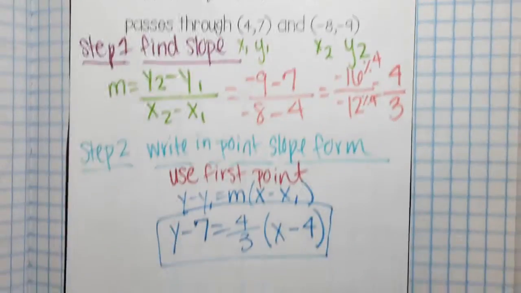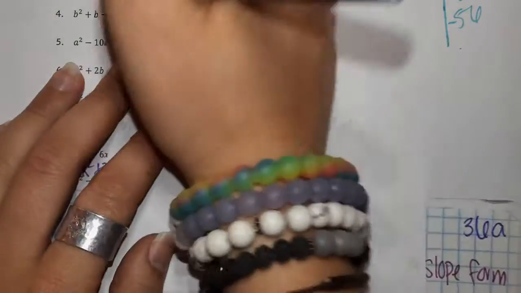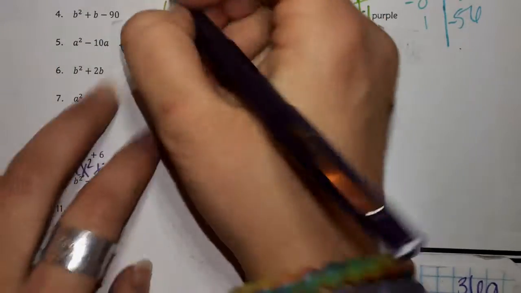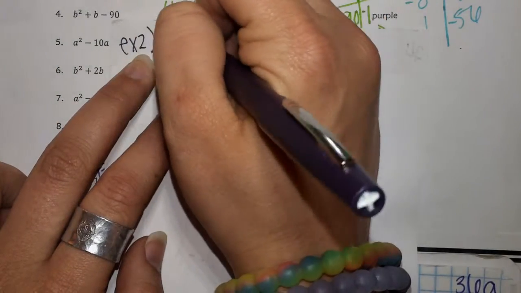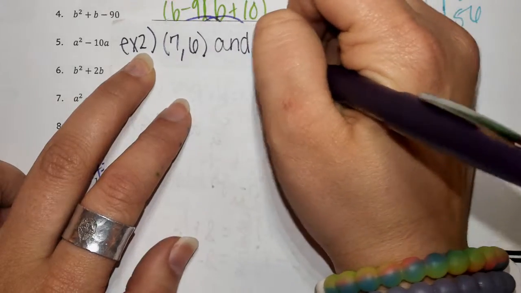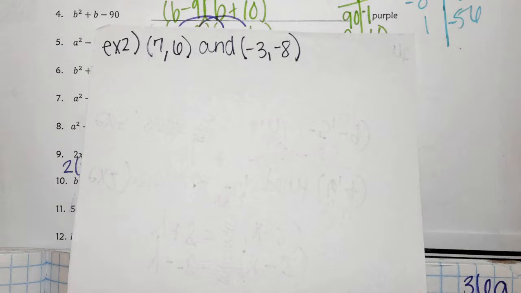If you're not out of room, you can write down there, but I am. So I want you to try this one without me. Follow the same exact steps we just did. And do you need to reduce your fraction? Yes.